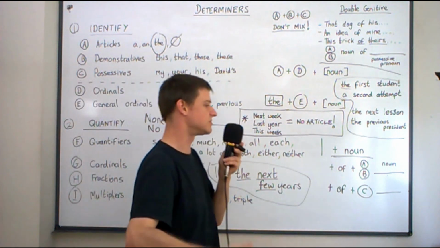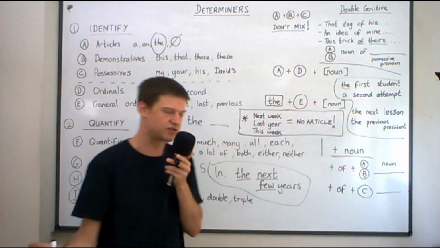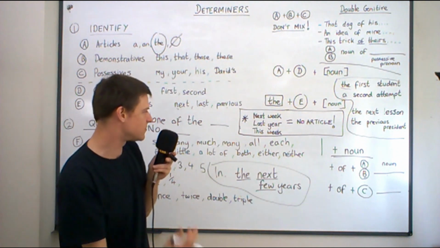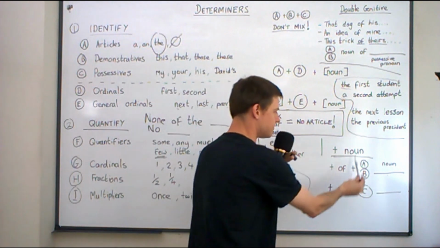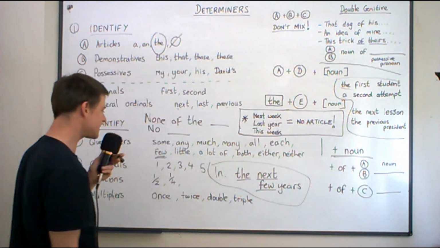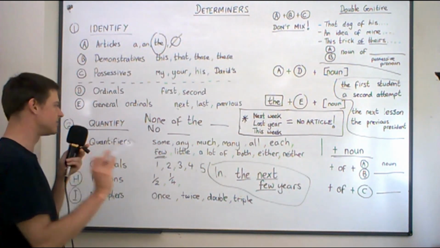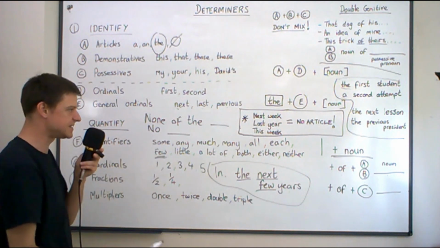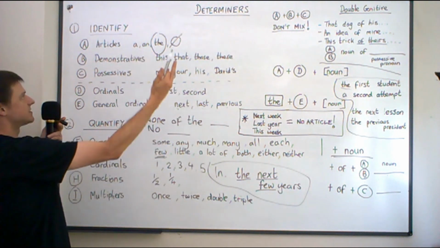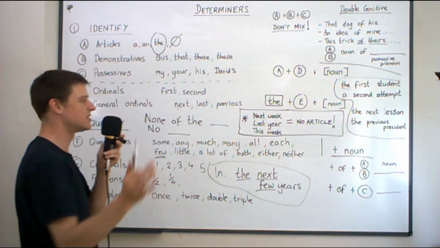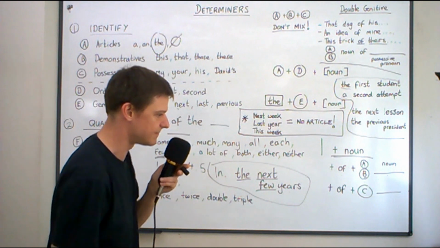Some of my students, some of his students, some of their students. So there's a lot of different ways we can use these quantifiers, and there are a few different patterns that I want you to learn. So we'll perhaps look at some of these in more detail in the next lesson, and we'll look at how we can mix these quantifying determiners and identifying determiners, and what order we need to use them in.